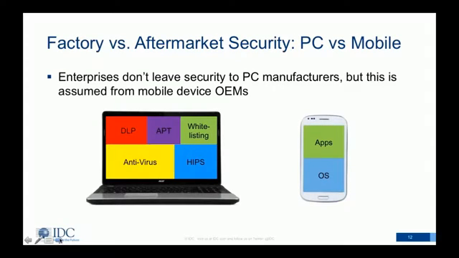And this is another thing to consider, if you think about where we've come from in the industry to where we're going. If you think about how traditional PCs were bought and deployed in the enterprise, and the huge security aftermarket that existed to support that, you really don't have that today from a mobile perspective.